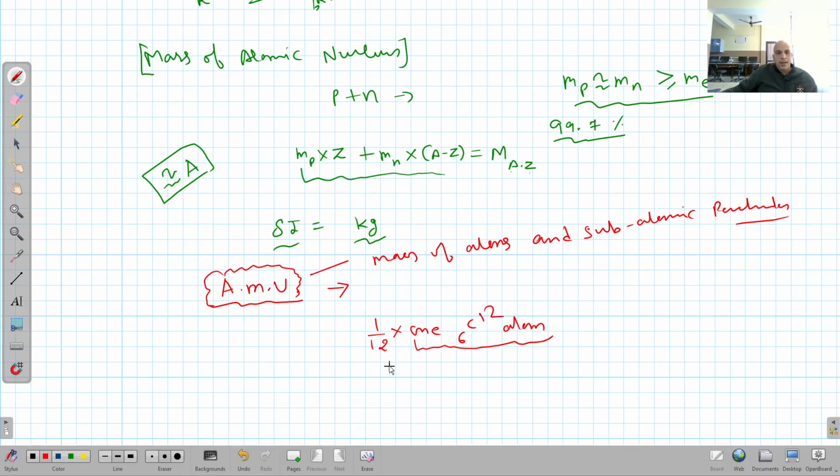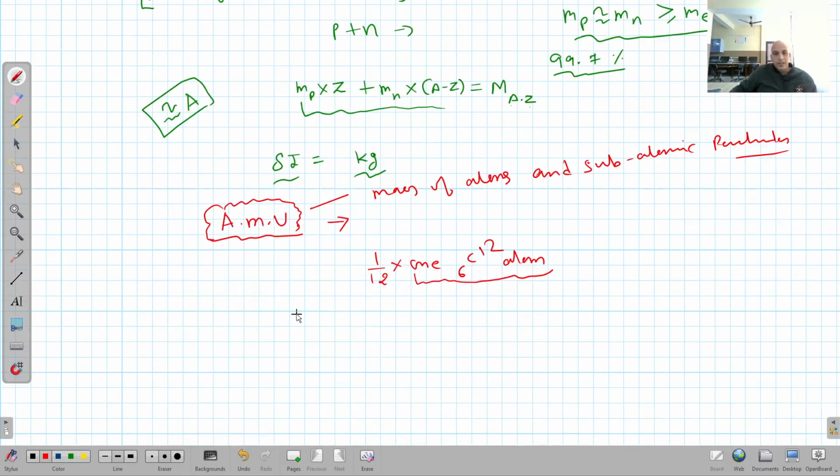Now I can calculate this value. We know that the total number of atoms or nuclei in 12 gram of carbon will be equal to N, Avogadro's number.